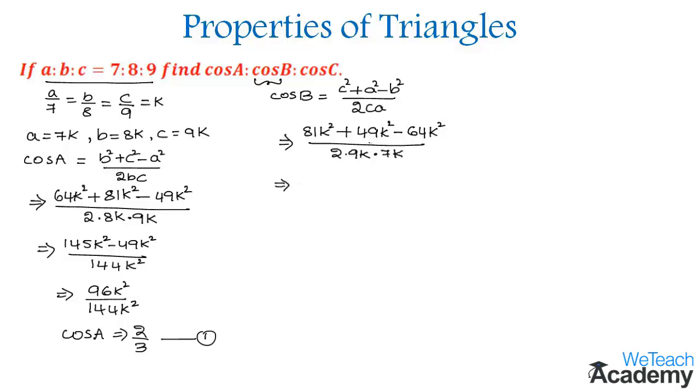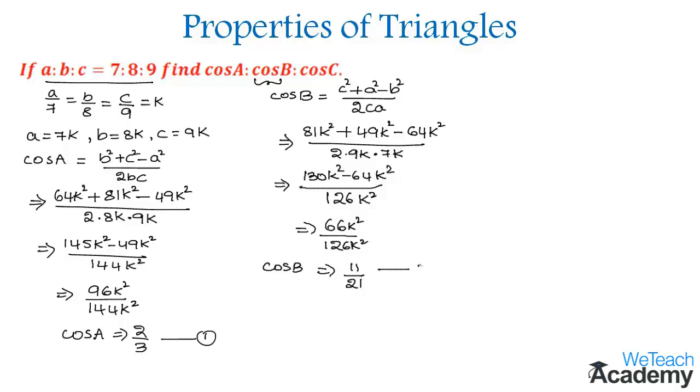By adding 81 and 49 we get 130k² minus 64k², whole divided by, multiplying, 126k². So we get 66k² divided by 126k². The value of this fraction is 11/21, and this is the value of cos B. Let us name this equation 2.